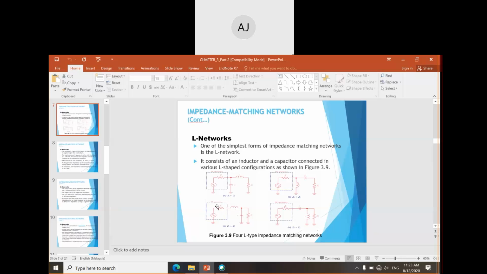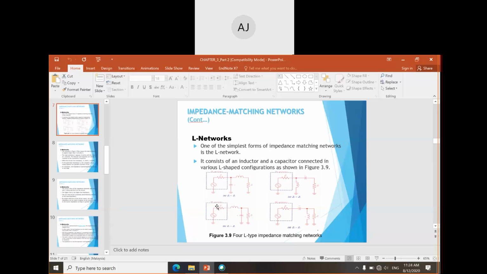However, it cannot be too low, because when the Z load is too low, the Q factor, or the quality, or the Q point, will be very low, and the circuit will become unstable, especially when we transmit a very high frequency, very high amplitude.